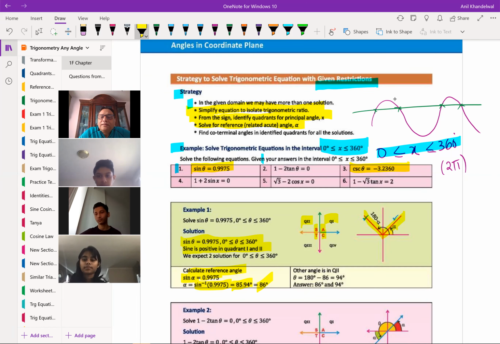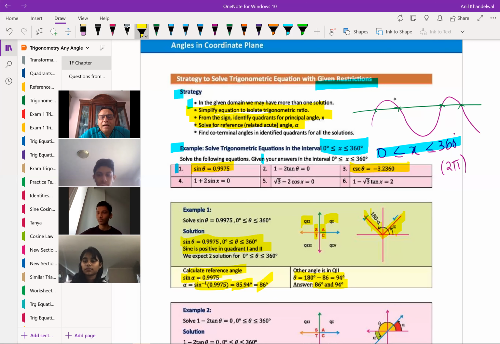Now we know the reference acute angle α, as shown in the diagram, is 86 degrees. The other solution will be 180 minus α, which is 94 degrees in this case, since α is 86 degrees. So we got both solutions using the reference acute angle.